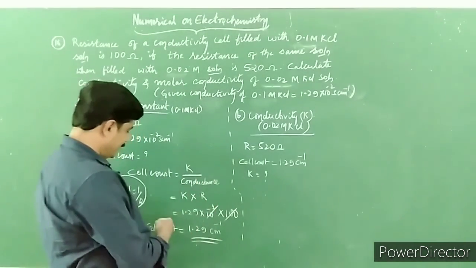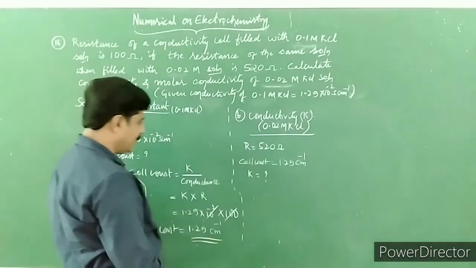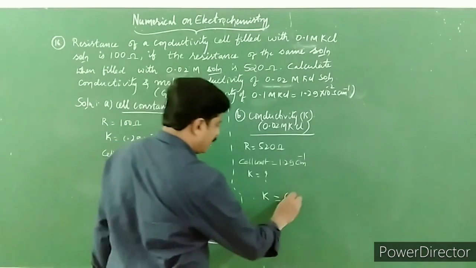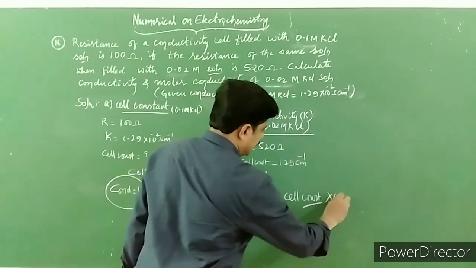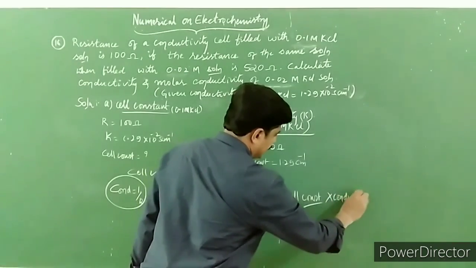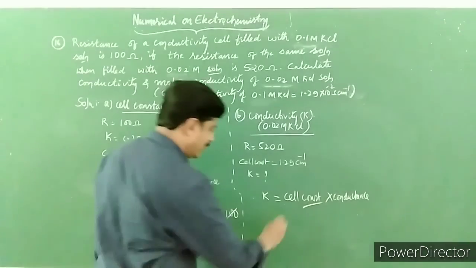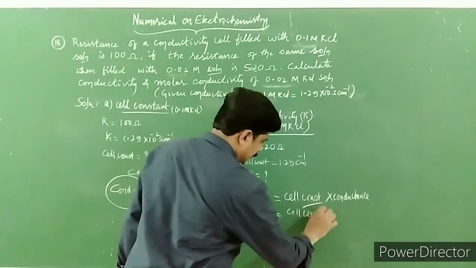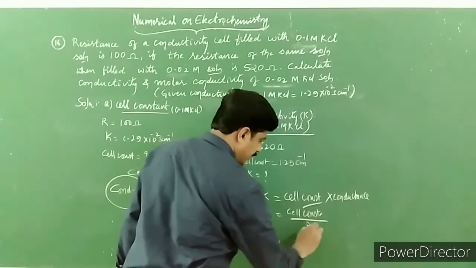Just now you learnt, cell constant is equal to conductivity upon conductance. Now I need to find out conductivity. K is equal to cell constant into conductance, is it not? Children, conductance is what? Inverse of resistance. So cell constant upon, I'll write as 1 by R, resistance.